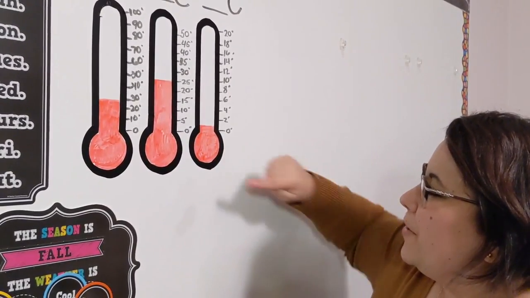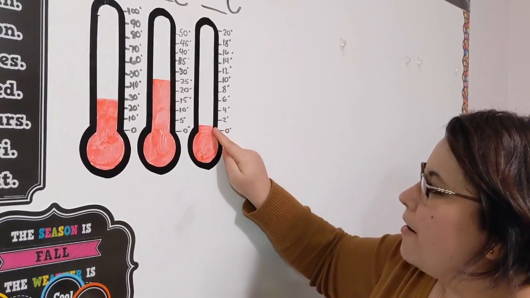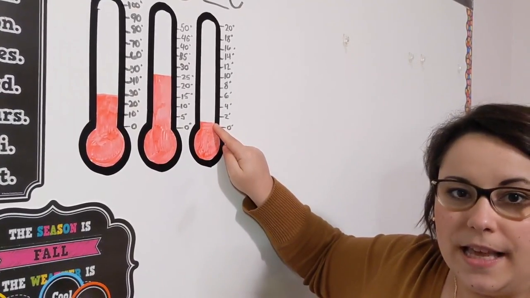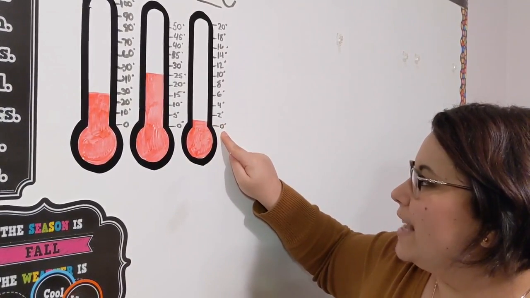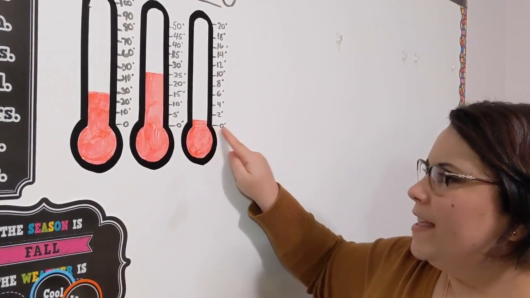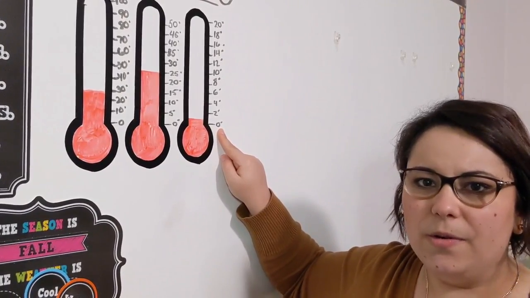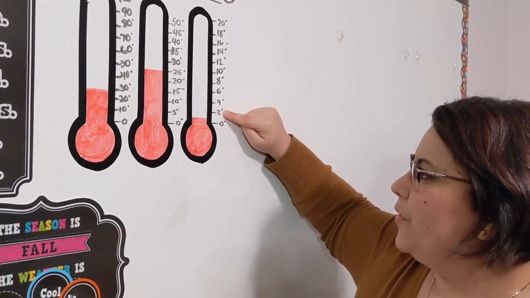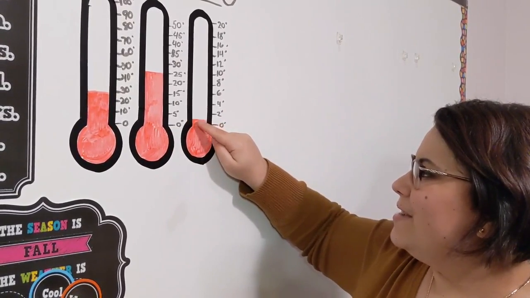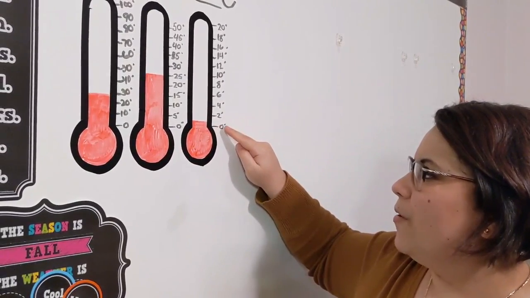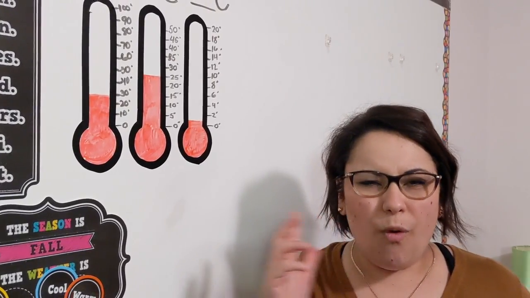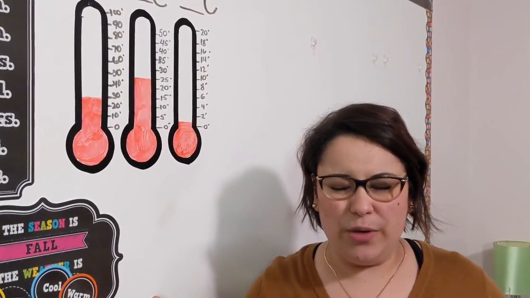So what we do is we look at where the liquid stops. And then we look at our scale on the side. This one's not at 0, and it's not at 2, but seems to be in the middle of 0 and 2. Well, what number is in between 0 and 2? 0, 1, 2.